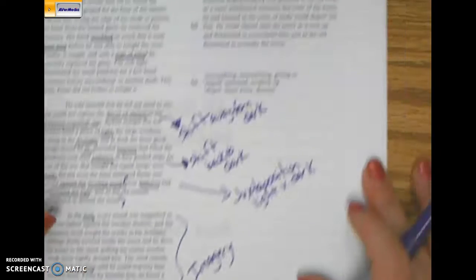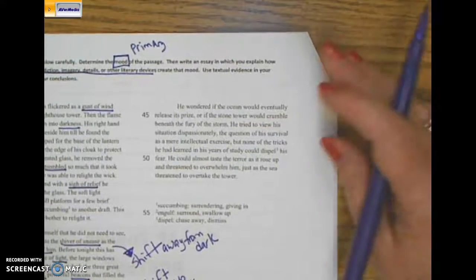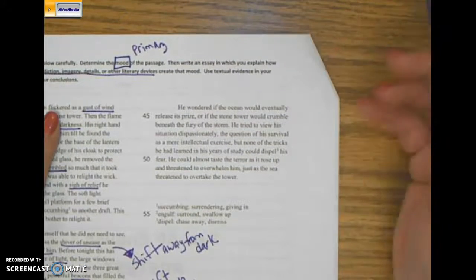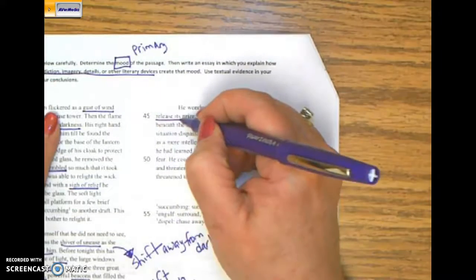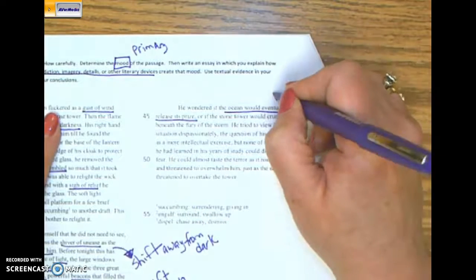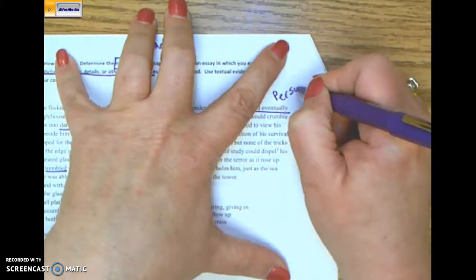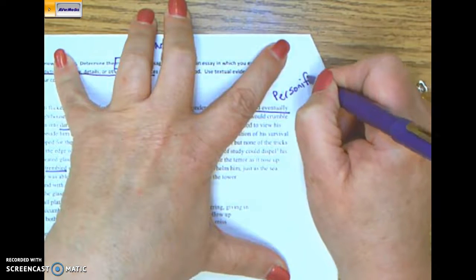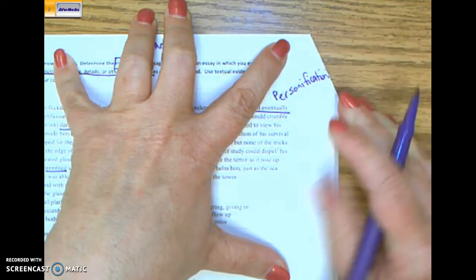Alright, so now we're going up to the final paragraph. So the ocean would eventually release its prize is another example of personification. I'm a little bit off my paper, I'm sorry.